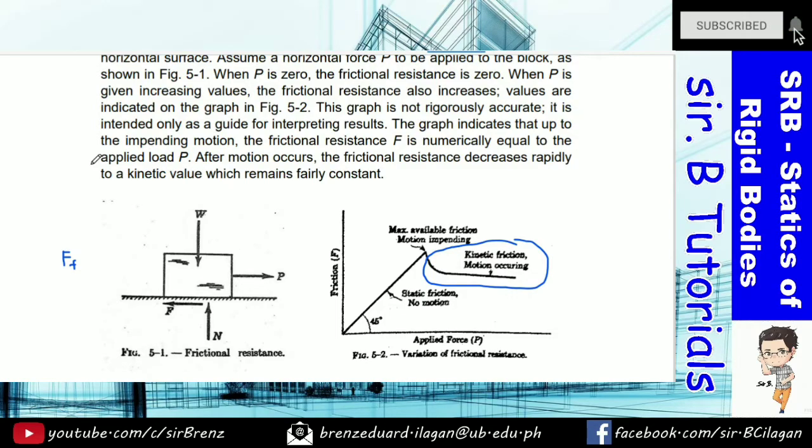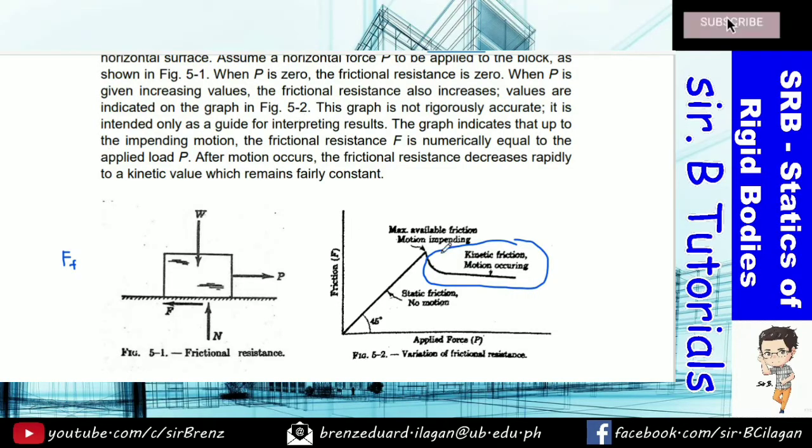So, dito sa explanation doon sa book, kapag nasa static friction ka, from where there is no motion, mahirap kasing magsimulang gumalaw. But once na na-impend mo yung motion or nag-start ka nang gumalaw, unti-unting bababa yung value niya.